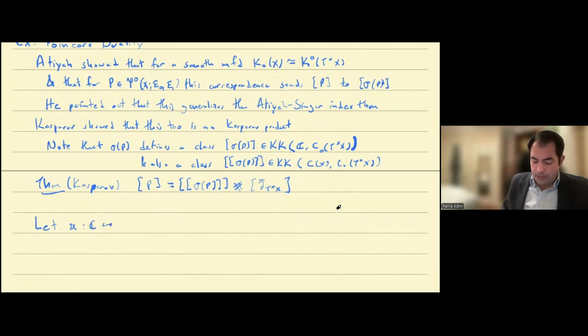Let U be the inclusion of units. So this is a C star homomorphism between C star algebras, so it gives us an element of KK.